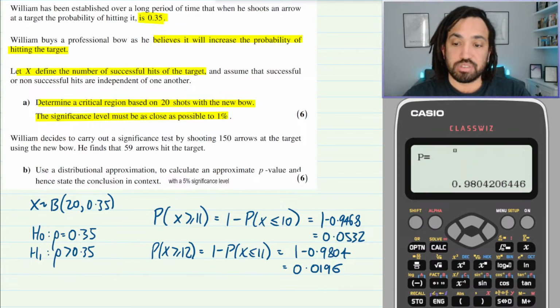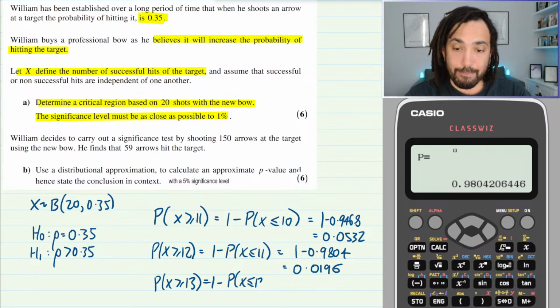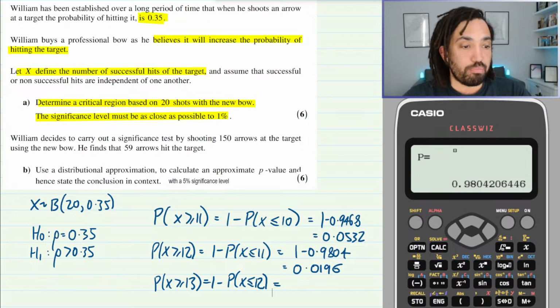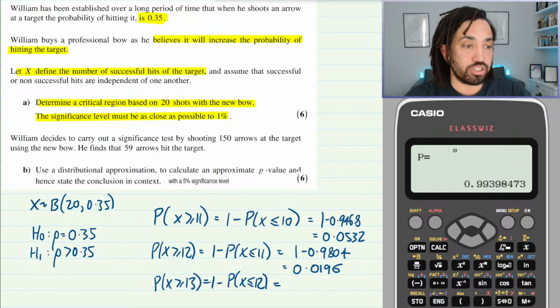Okay, so one more just to double check, because that one is still above 1%. So we do this one, and we go back and we go 12, and it really is just trial and error, guys.